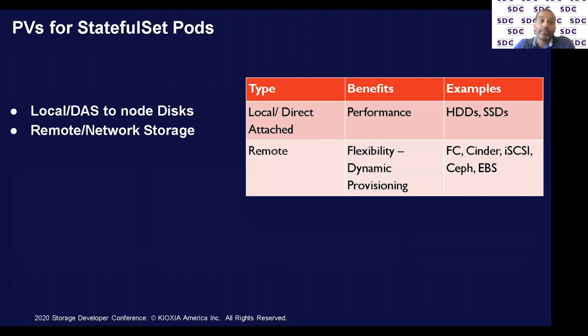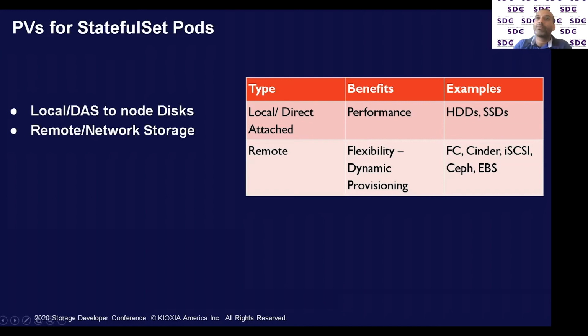Now let's see. When the CSI driver connects storage to pods, the storage can be local on that node, or storage can come from the network. So let's see the benefits of each of them. If storage is local, you get higher performance because you're not traveling over the network. If the storage is remote, the benefit is you get better flexibility.